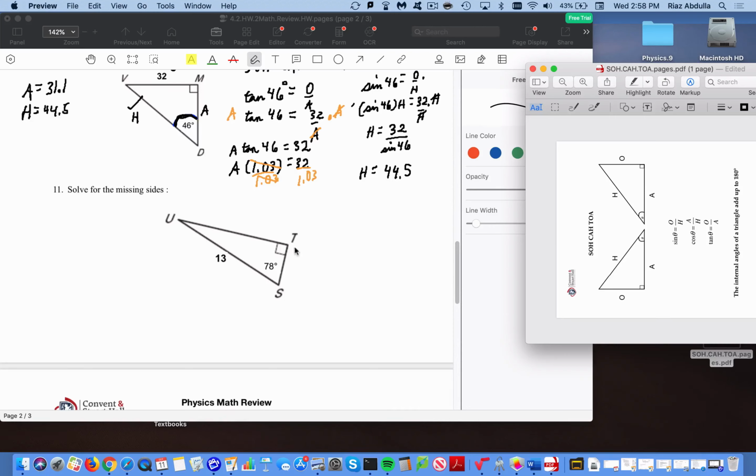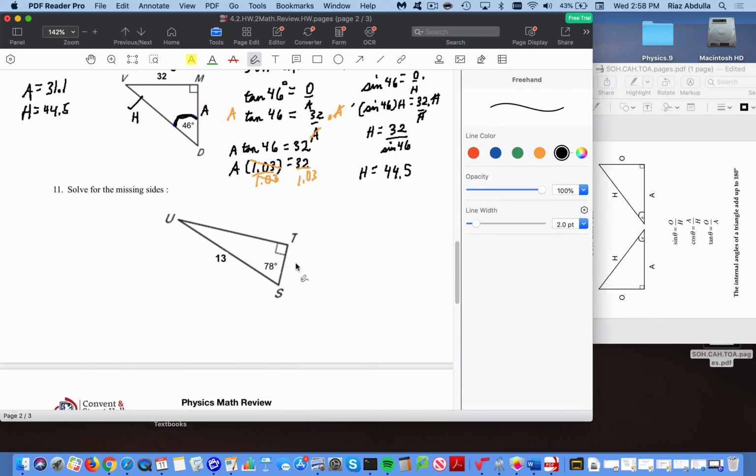If I notice, I have my right angle at the top. I have my trig angle that I'm using to calculate things on the bottom. And my unlabeled angle is on the left right here. Now I can label my triangle appropriately. This will be adjacent, this will be hypotenuse, and this will be opposite.